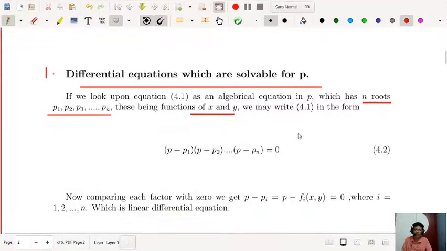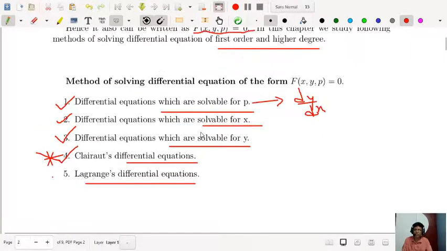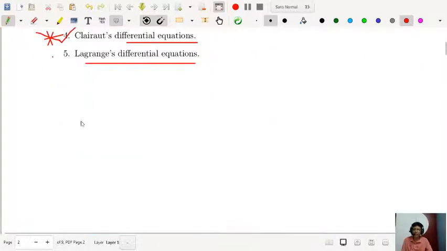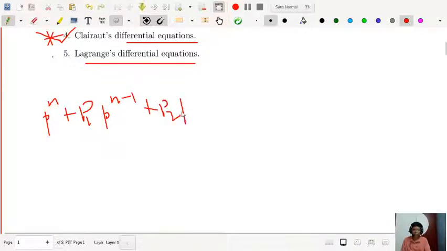So if these n roots are p1, p2, ..., pn, then that algebraic equation, which you have written here, is p to the power n plus P1 p to the power n minus 1 plus P2 p to the power n minus 2, etc., and the last one is Pn.